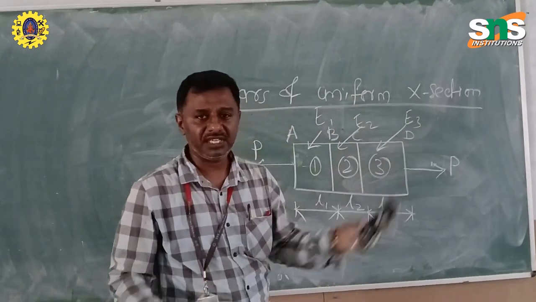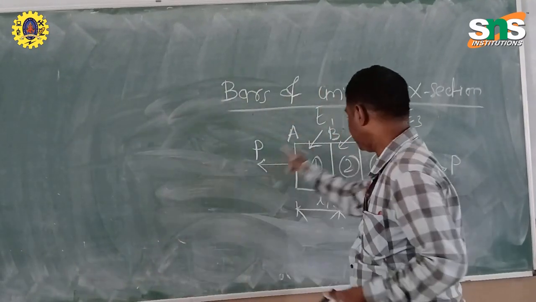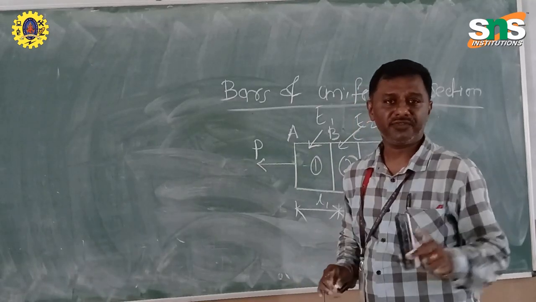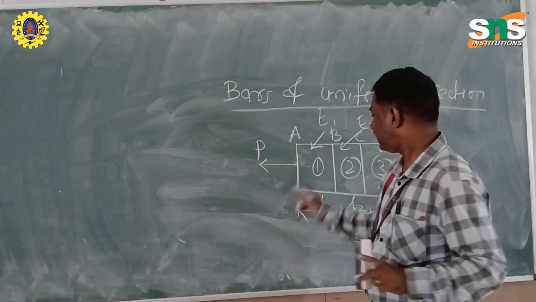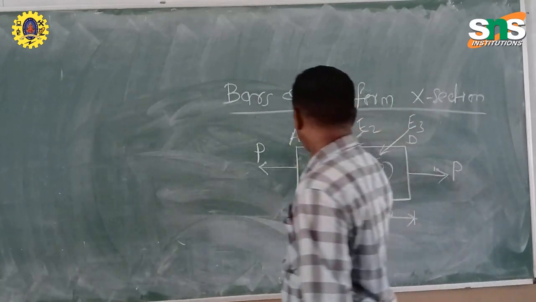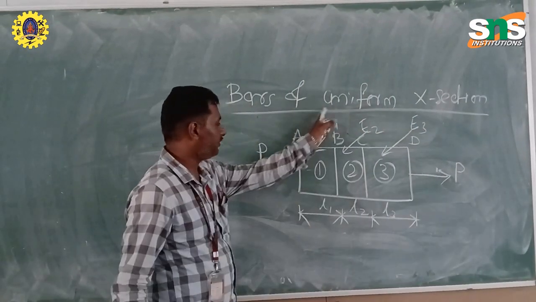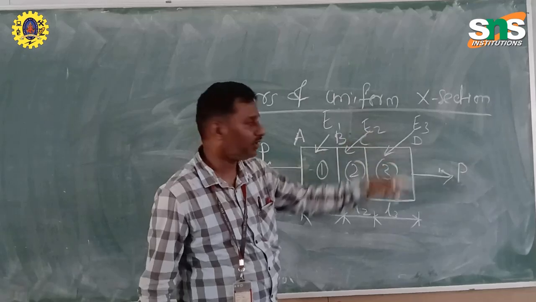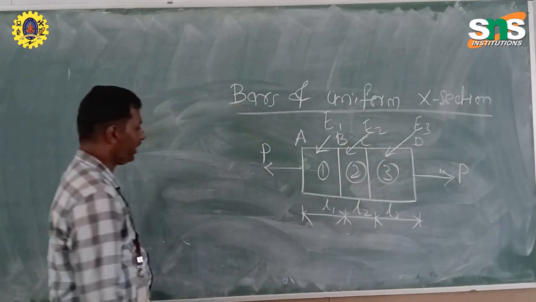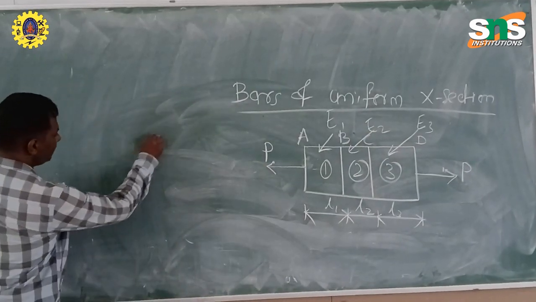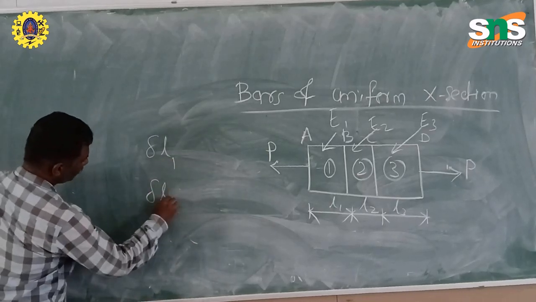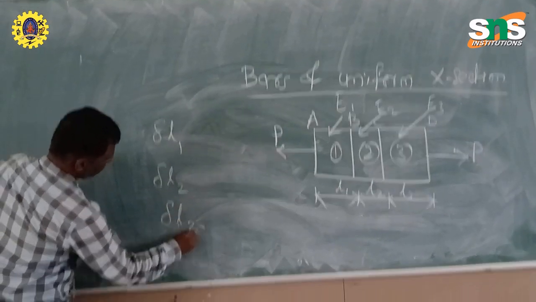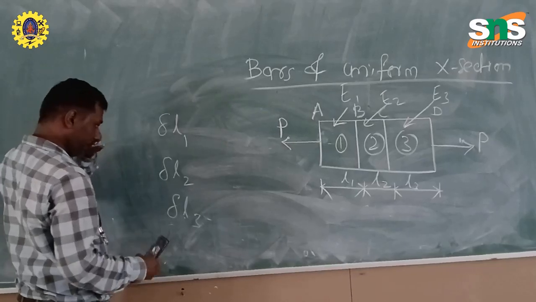E1, E2, E3 are all equal if the three sections are made up of a uniform or single material. Now let's take these as all different materials. So the Young's modulus varies. How to find it? I can find for the first section delta L1, delta L2, delta L3.